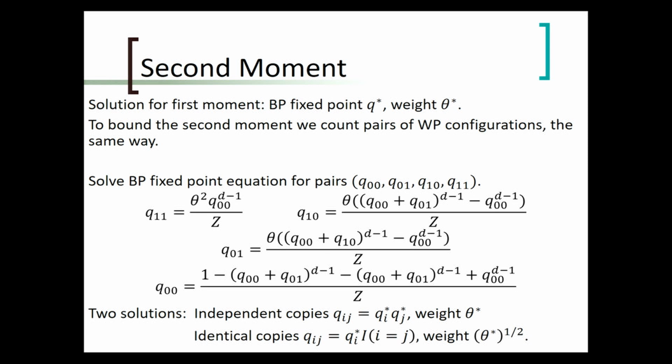But if the first moment is tending to infinity, then the first moment squared will be bigger than the first moment, and so the main contribution will come from the independent copies case, and then the second moment method will work.